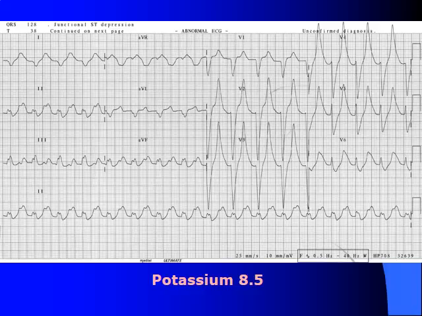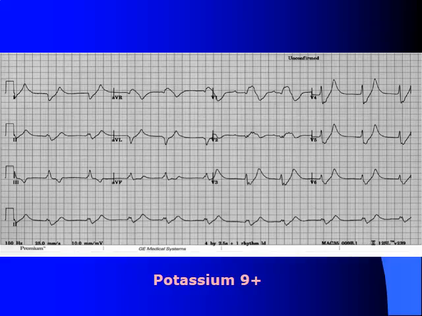Remember the reason that we see these changes in our EKG with an increased potassium level, and we'll see it in a decreased potassium level as well, is that potassium is a very important electrolyte in the functioning of the heart's conduction system. So any increase in potassium is going to create conduction delay. So we do have this pretty serious repolarization abnormality, which is causing our T waves to look like this.